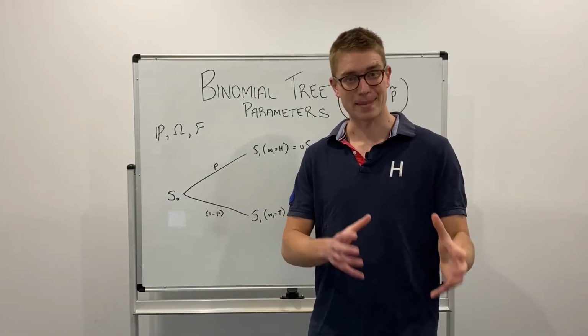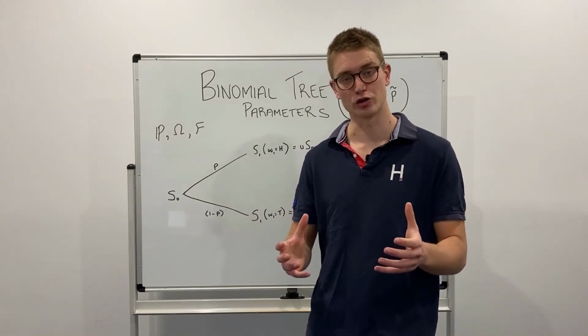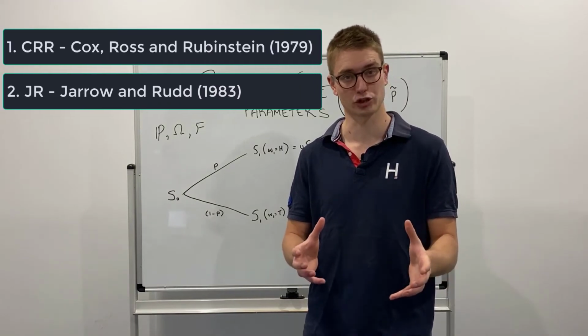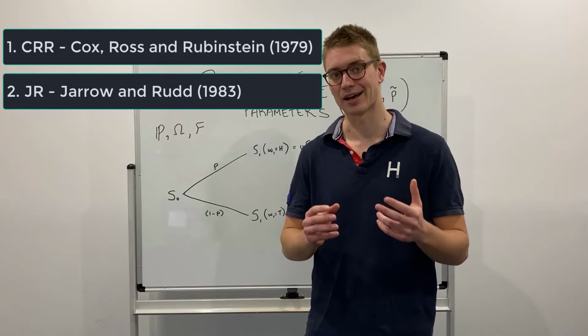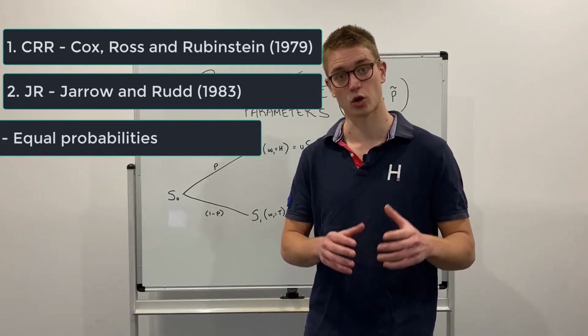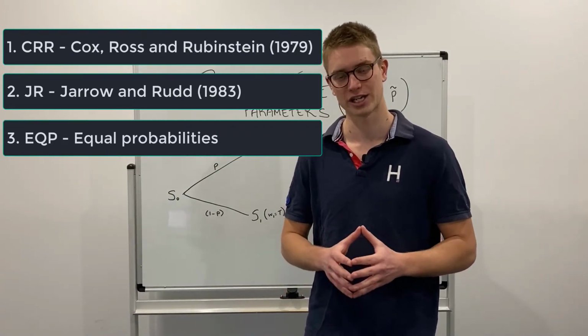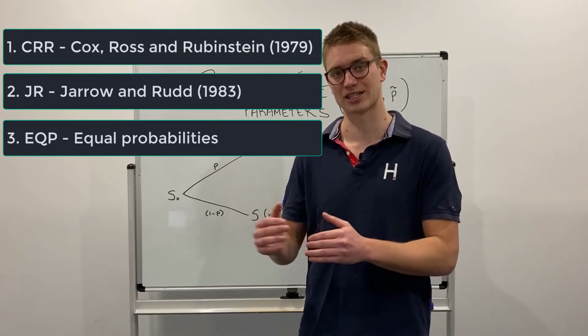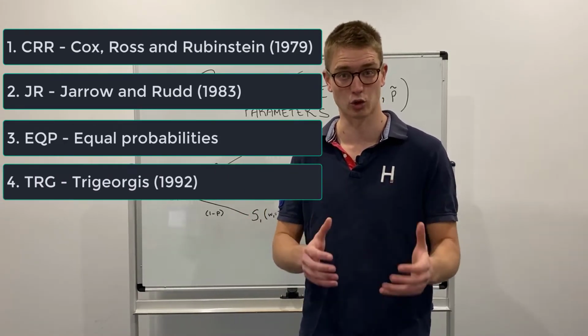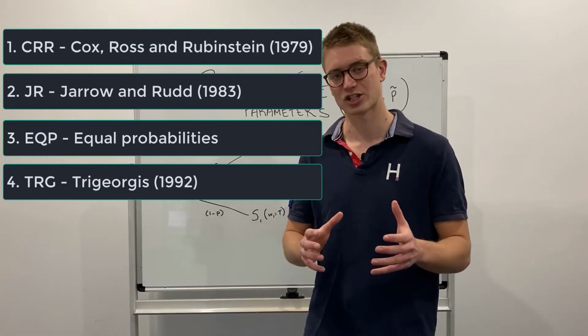By matching the means and variances of this new logarithm tree, we're going to be able to come up with two new formulations. This is the equal probabilities, or EQP, methodology. And then we're also going to be able to come up with equal jump sizes, and this is actually called the Trigeorgis method. So let's just jump into the maths.